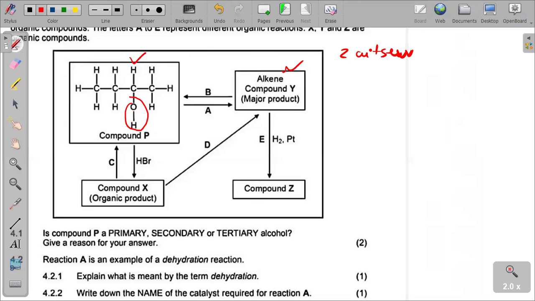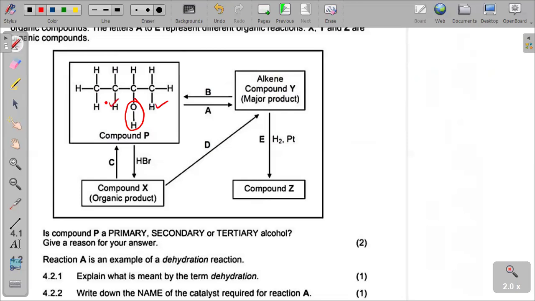What do we mean? During the elimination reaction, it's guaranteed that the hydroxyl group is going to go because we want to remove water. But it must be accompanied by another H atom. So the adjacent H atoms are either this one or this one, and one of them should go.